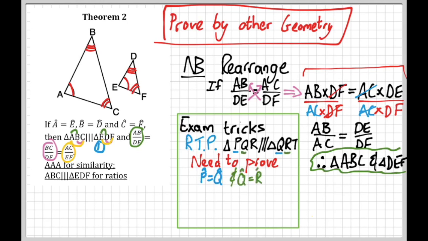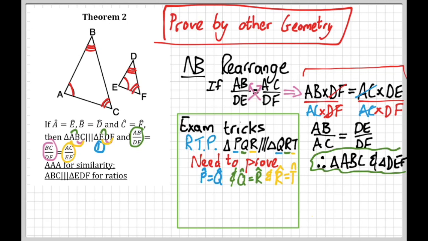Angle Q must be equal to angle R. And thirdly, angle R must be equal to angle T. The beauty behind this is we actually give you which angles you need to prove equal to each other. Now that is exciting, because then you can start looking, how am I going to make that happen? Remember, how do we prove the angles equal? Well, that's using last year's work.